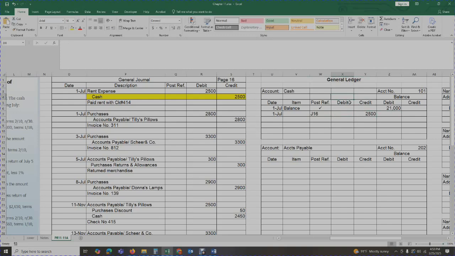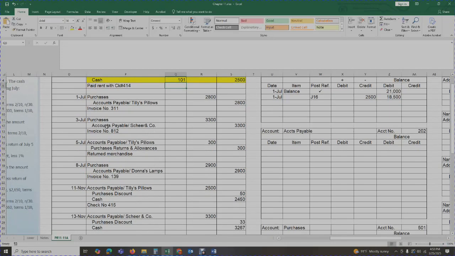If it's a credit, you subtract, if it's an asset. So that will be 21,000 minus 2,500, which is 18,500. Once I bring it over, I'm going to go back to my journal and put my account number 101.